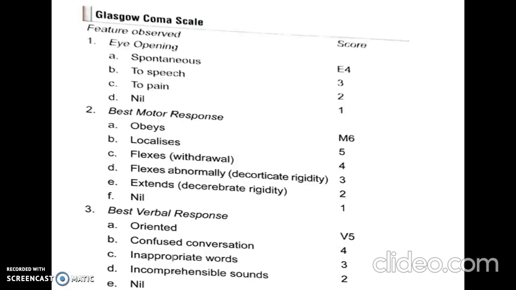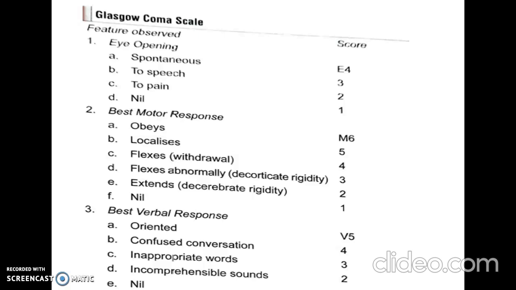These responses are induced when pain is given to the patient. Then 2 is given for extension, where decerebrate rigidity can be observed, with less movement. And nil is declared if no motor response is observed, and 1 score is given.